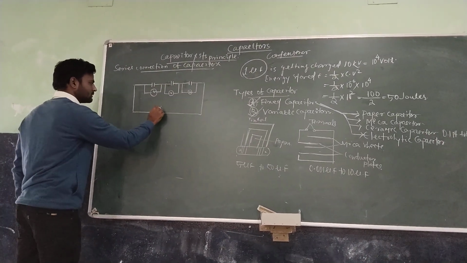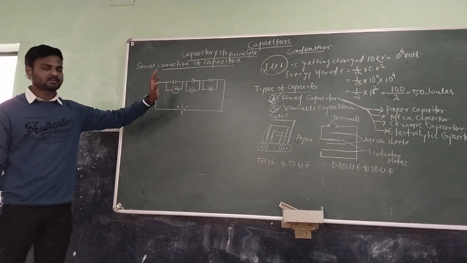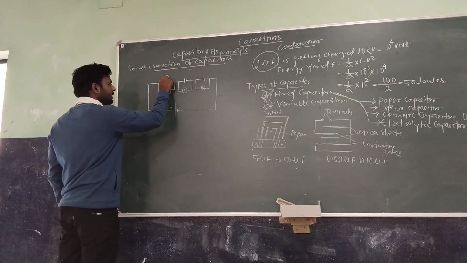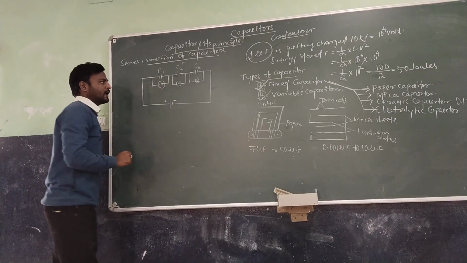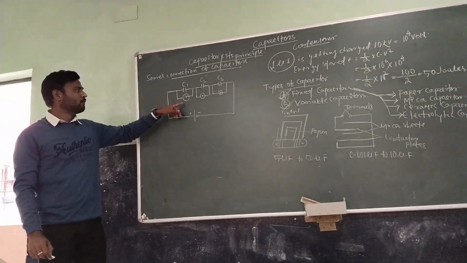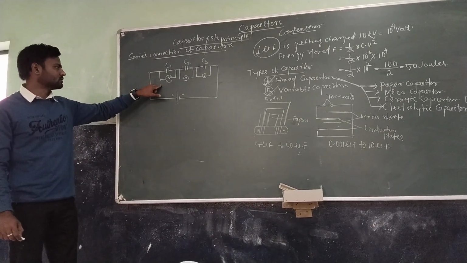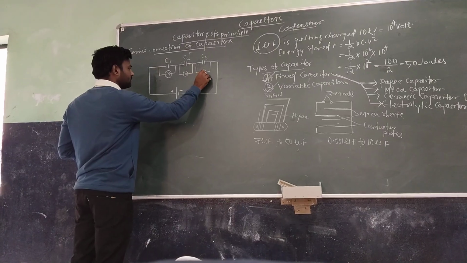Here is the battery, the supply source, and three capacitors connected in series, named C1, C2 and C3, and voltmeters are connected across the capacitors, named V1, V2 and V3.